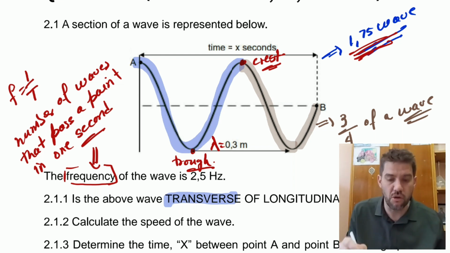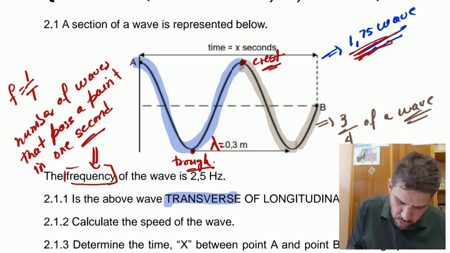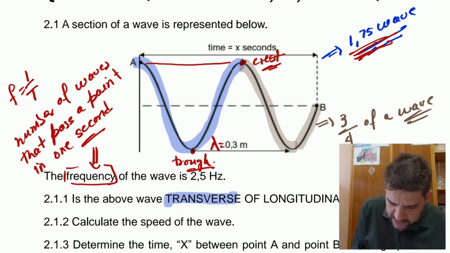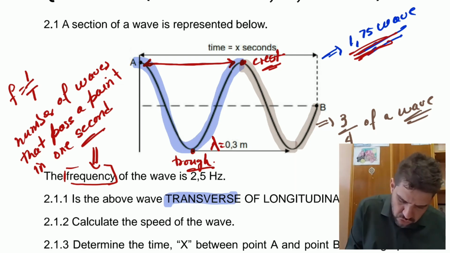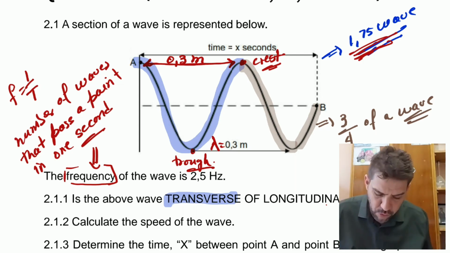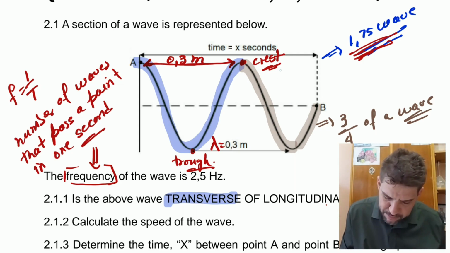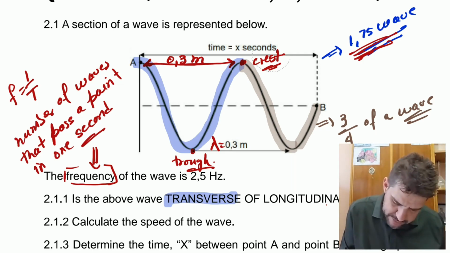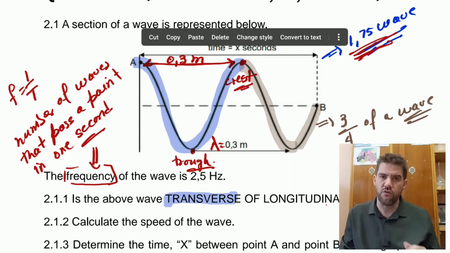The wavelength is 0.3. It means from A to that specific point, that one is equal to 0.3 meters. All right. But now from that point to the end, and I'm going to move that word of crest to this side here, so it doesn't get me disturbed of what I'm writing now.